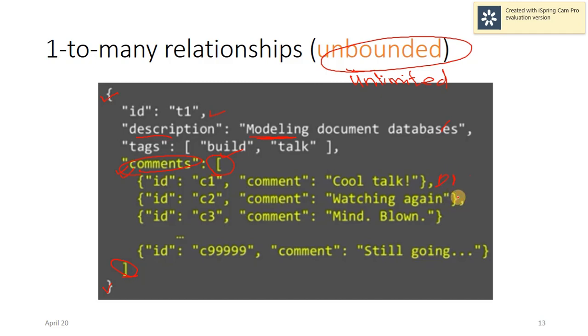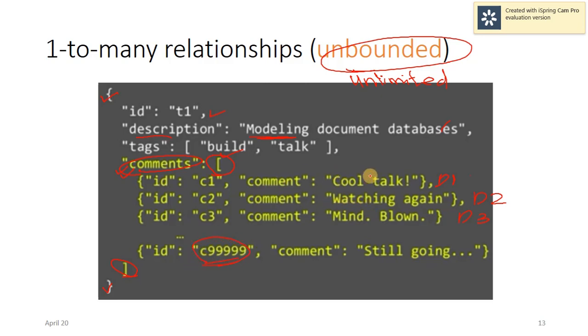So this is the document of comment 1, this is the document of comment 2, and this is the document of comment 3, up till 99,999 documents.